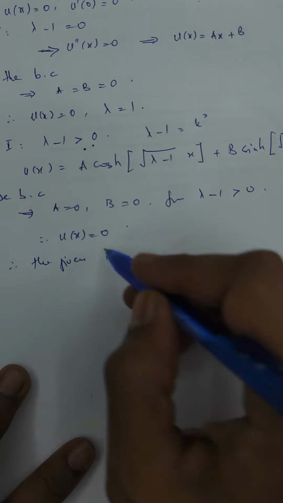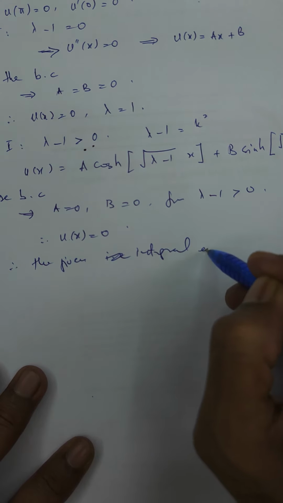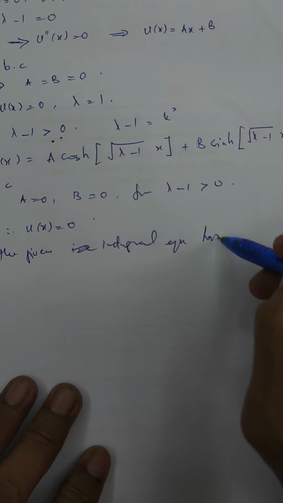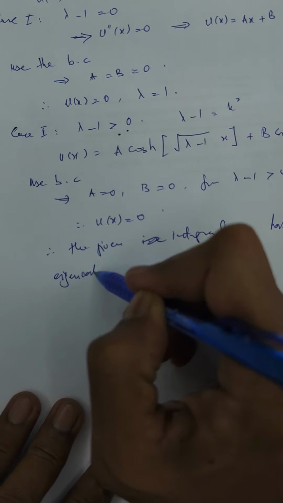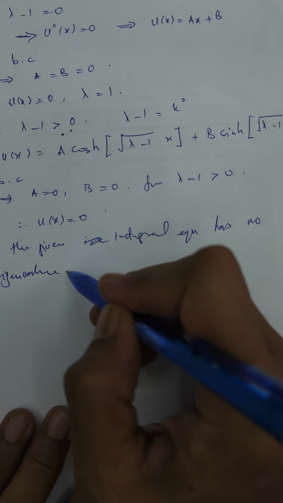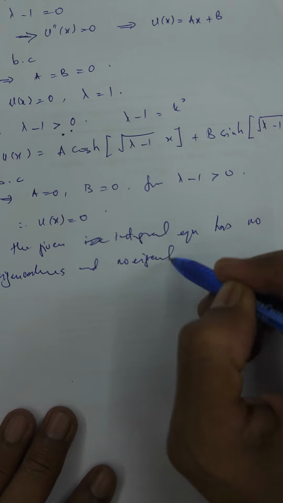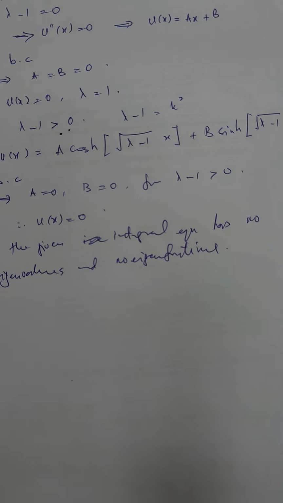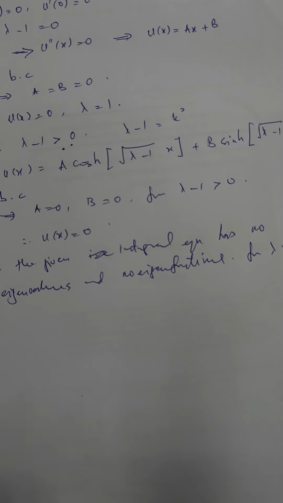So therefore, for those two cases, the given integral equation, let me write in full, has no eigenvalues and no eigenfunction for lambda greater than or equal to 1.